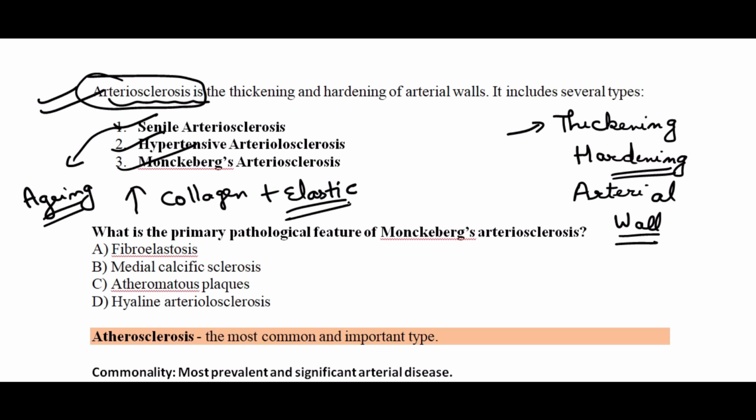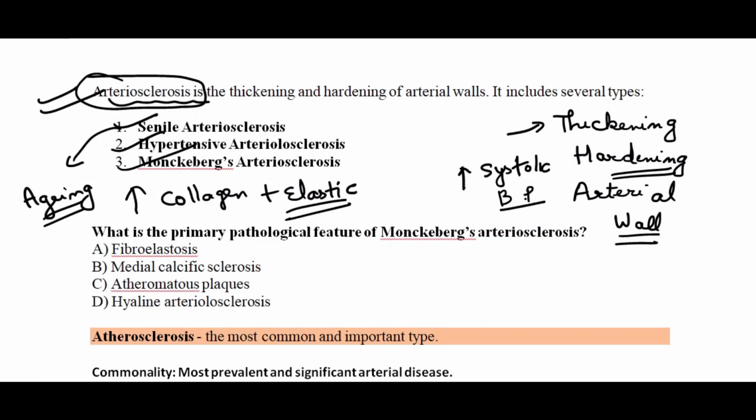The stiffness of arterial walls leads to elevated systolic blood pressure in the older individuals that makes them more prone to hypertension and its complications.